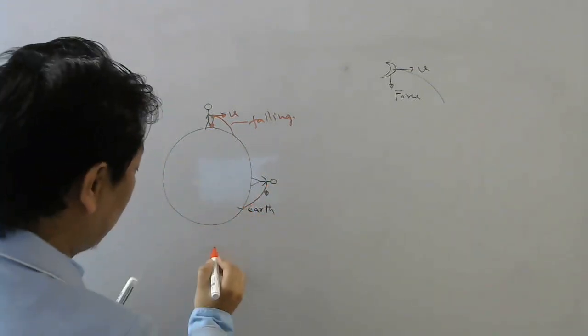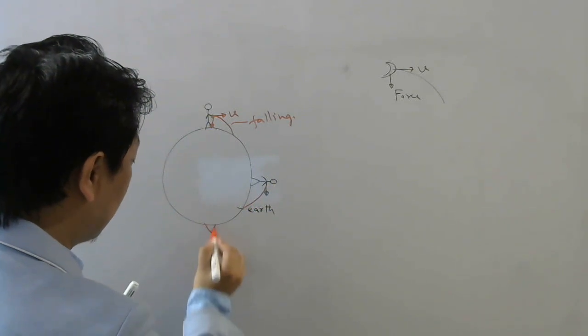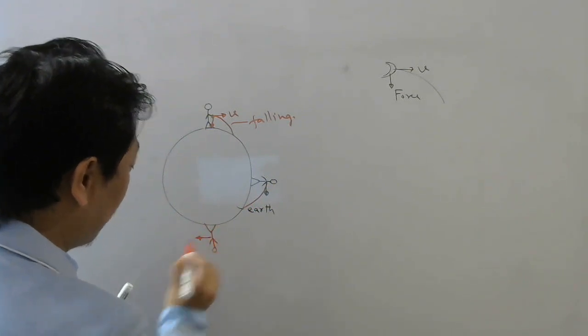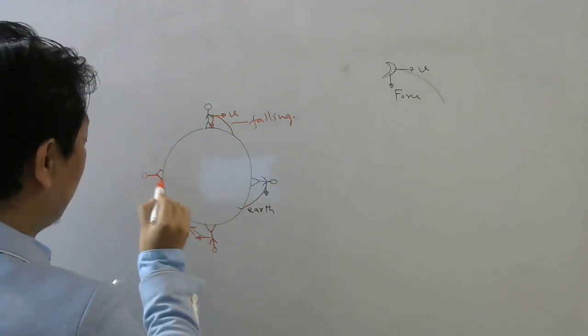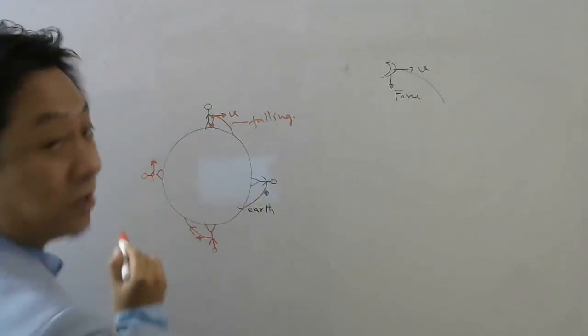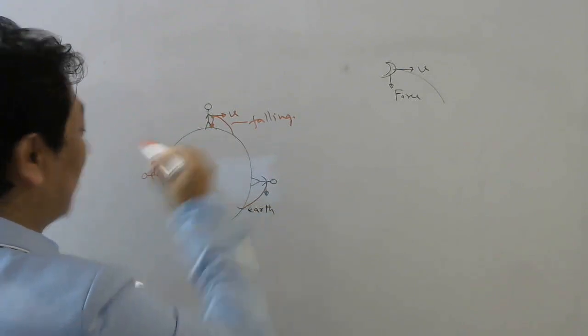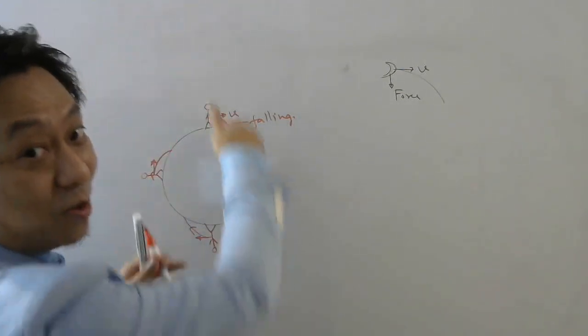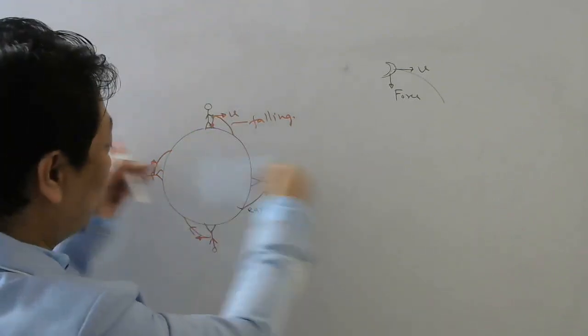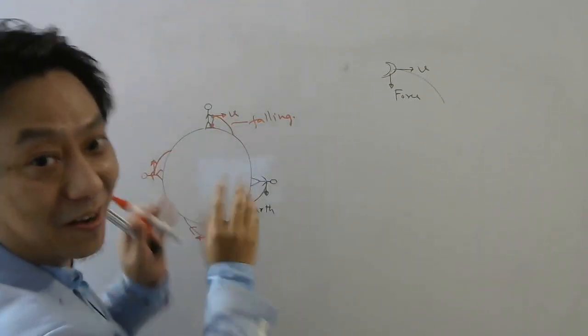And I hope you will agree that if a person standing here throws the ball this way, it will go this way. And a person standing here, if he throws the ball this way or the apple this way, it will fall this way, isn't it? Because the force is towards the center. So the force is not towards the center only here. The force is towards the center everywhere, right?